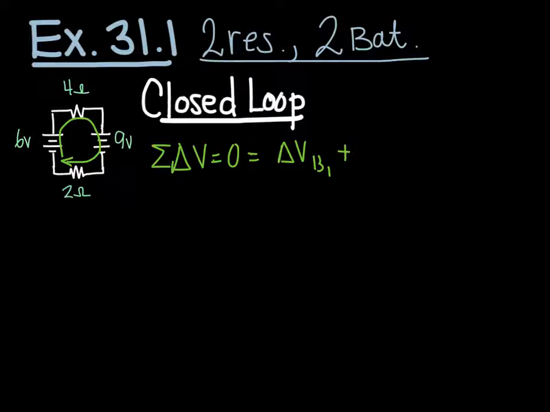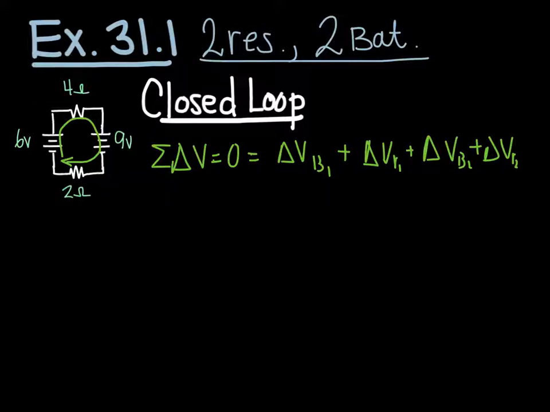And then we have the potential difference for the first resistor. We'll call it VR1. And then we have the 9-volt battery. We'll call that VB2. And then we have the change in potential for the 2-ohm resistor. We'll call that VR2.